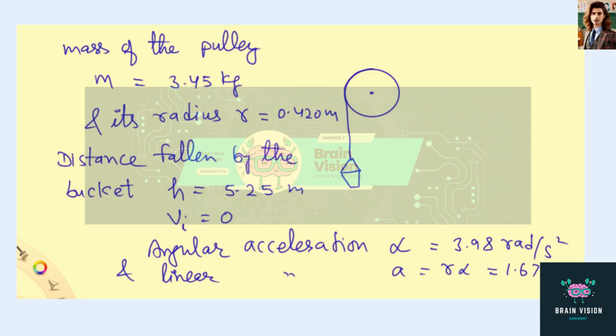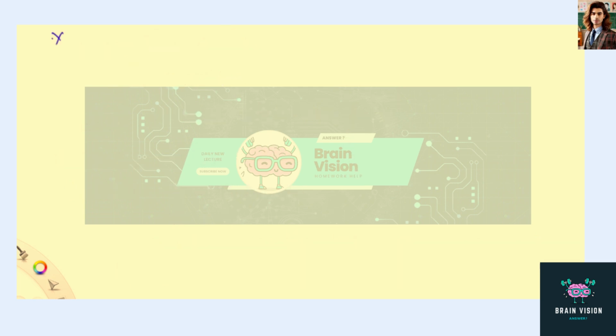Now in the first part of the problem we have to find the moment of inertia of the pulley. The moment of inertia of the pulley, being a solid cylinder, will be given by half m r square.